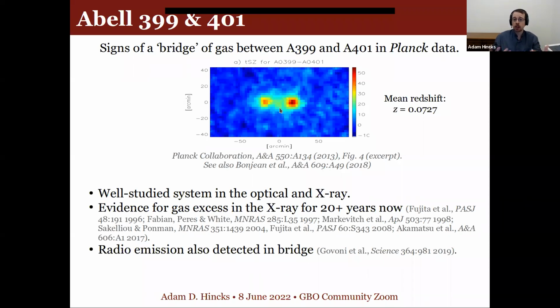I think statistically they made a good measurement. But one thing they mentioned in the conclusion, and also this follow-up by Beaujon et al., is that you really need higher resolution to characterize the gas well, which is what I think we've done with ACT. But Planck did a really nice study, and I think what we've found is quite consistent with what they were able to do at the lower resolution.